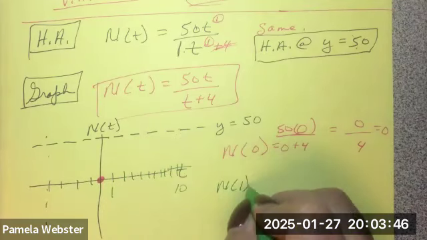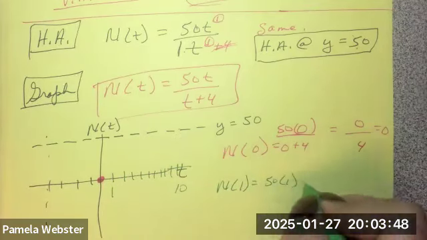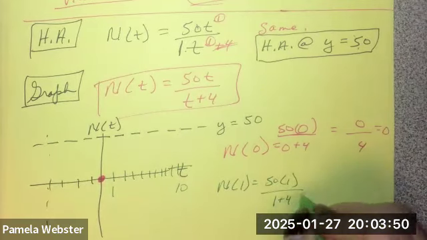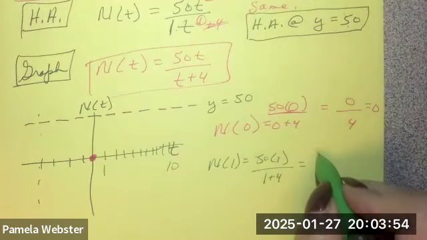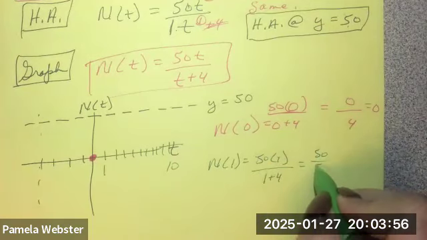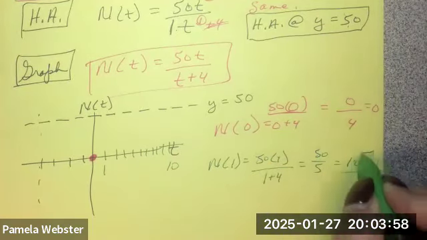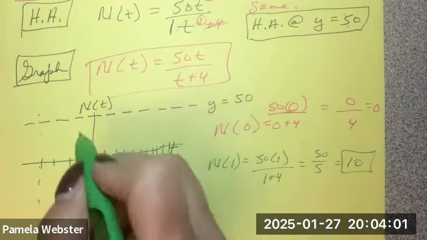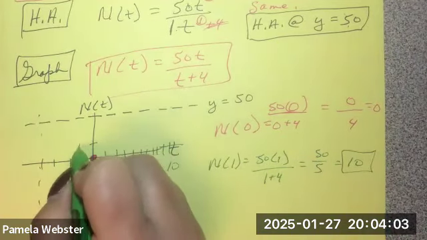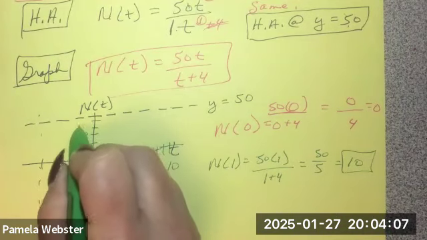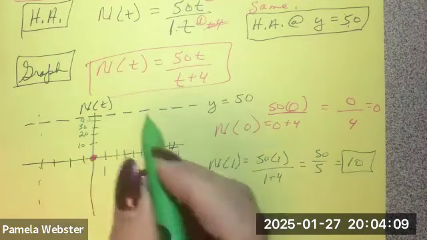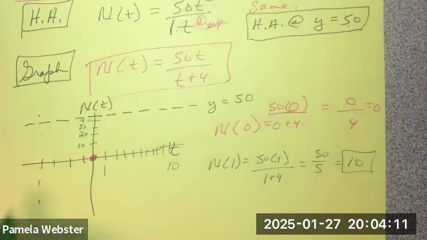Okay, so n of 1 is 50 times 1 over 1 plus 4, right? 50 times 1 is just a 50 divided by 5. That's a 10. Okay. So let me go, I'm going to count here by tens. 10, 20, 30, 40, right? It's kind of a tight thing, but it'll be all right.